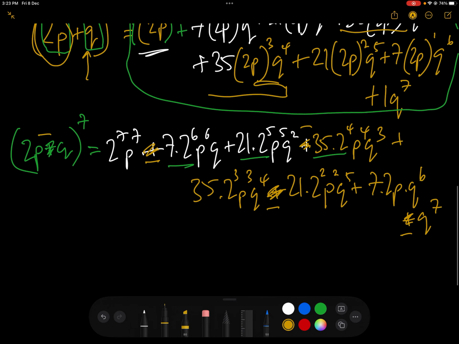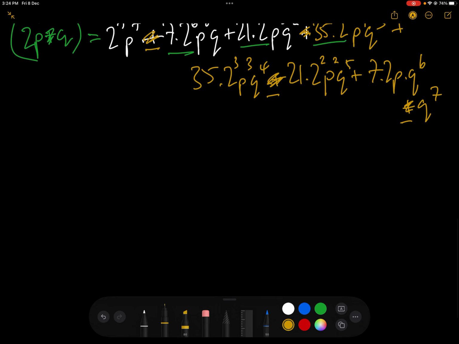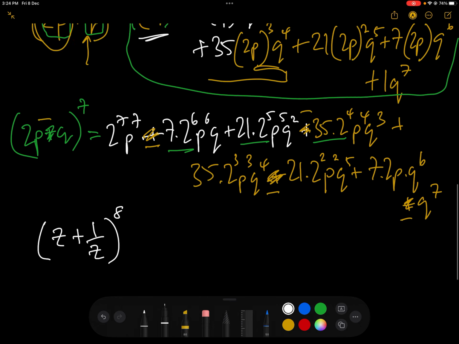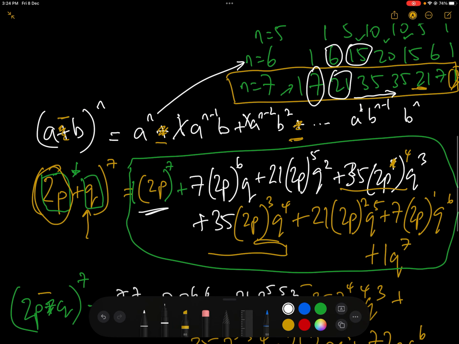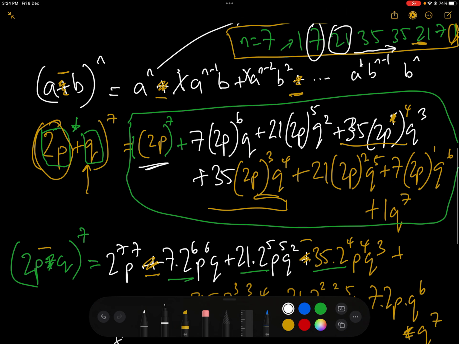I'll just give one more example, because at the moment on the Grassy Academy YouTube channel, we're doing a lot of de Moivre's theorem, where we end up with expressions such as z plus 1 over z to the power of 8, which is commonly found in de Moivre. I've only done Pascal's triangle to n equals 7, so let's do it to n equals 8.